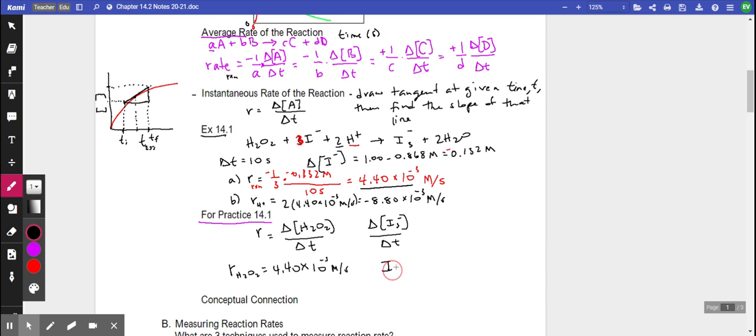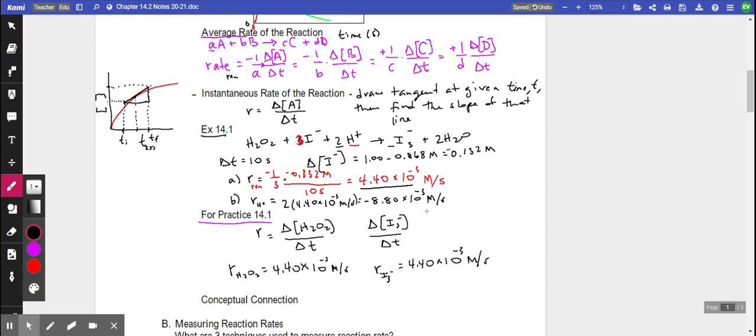And the rate of the I3 minus, it also has a coefficient of 1, so the rate that it increases is going to be proportional to the rate of the overall reaction: 4.40 times 10 to the negative 3 molar per second.